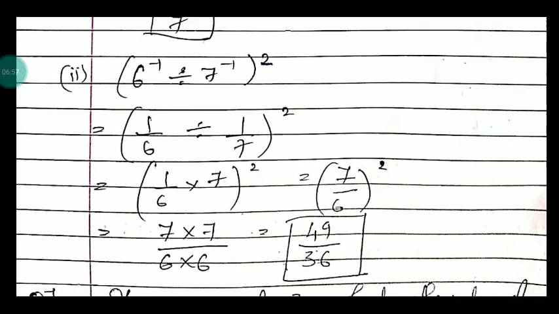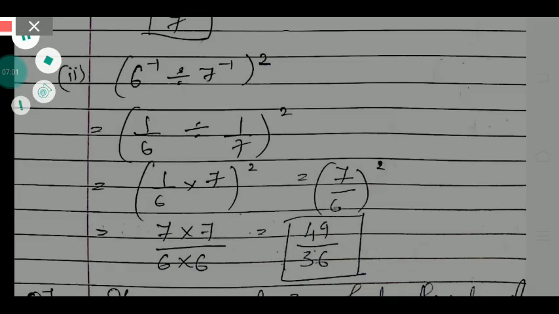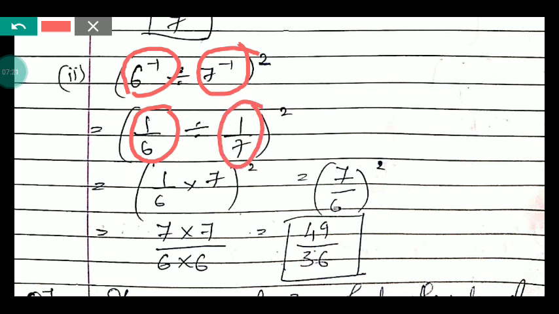Next one, 6 raised to minus 1 divided by 7 raised to minus 1, whole raised to power 2. Here the internal elements are having negative power, so we will convert only the powers of the internal elements. So we are taking the reciprocal, 1 upon 6, 1 upon 7. Now here the sign division is given.